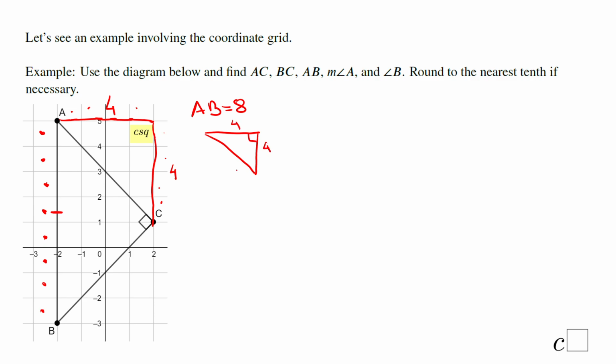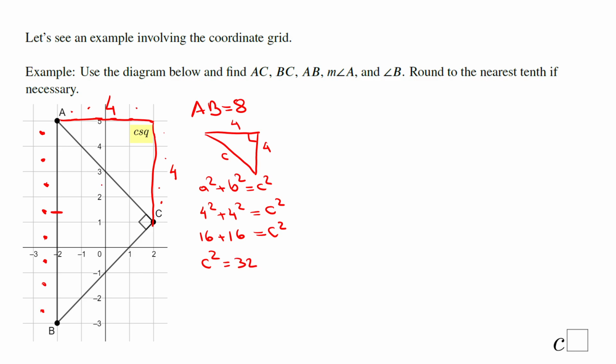So I can use a squared plus b squared equals c squared. That will be 4 squared plus 4 squared equals c squared. 4 squared is 16, so 16 plus 16 equals c squared, and c squared equals 32.